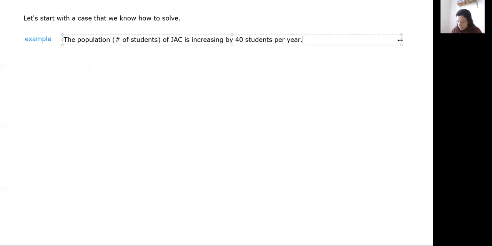Okay, this is not actual data, it's just for the sake of the example. It's increasing by 40 students per year. And in 2019, the population was 7,000 students.